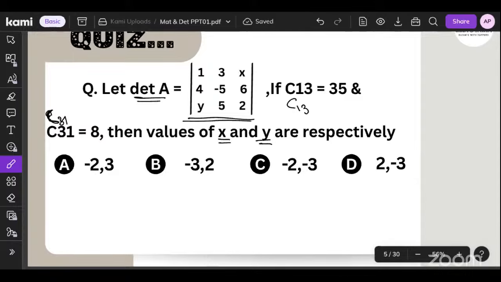If you completed your answer, just let me know in the comment box or chat box. Okay. Let me now solve this question.